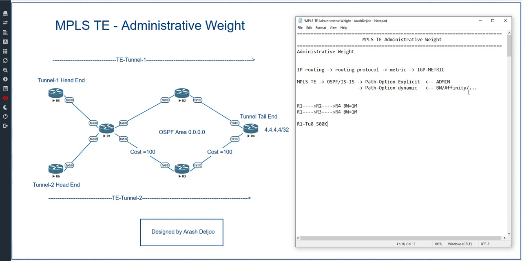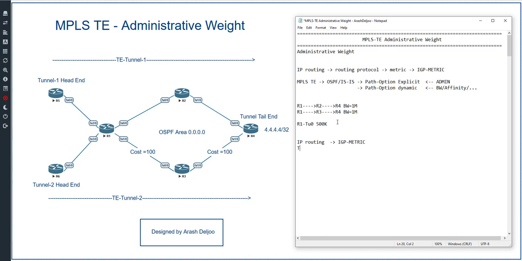Okay, let me talk about one of the features that TE uses for selecting the best path, and that is the administrative weight or TE metric. Let me talk about it. Look at here. As I mentioned before, let me review: in IP routing, we are using only the IGP metric for selecting the best path, okay?